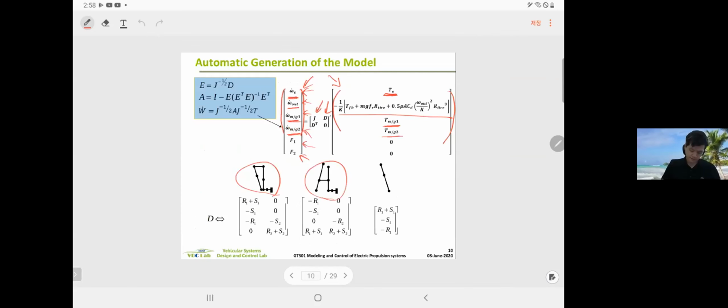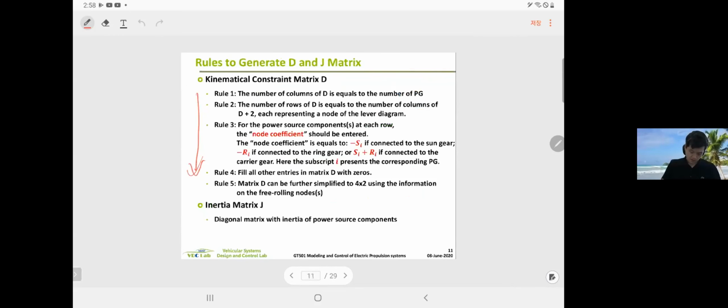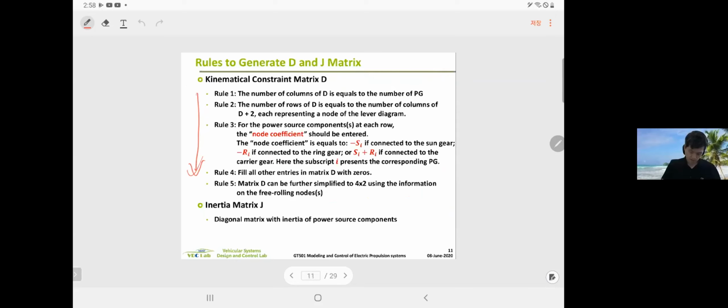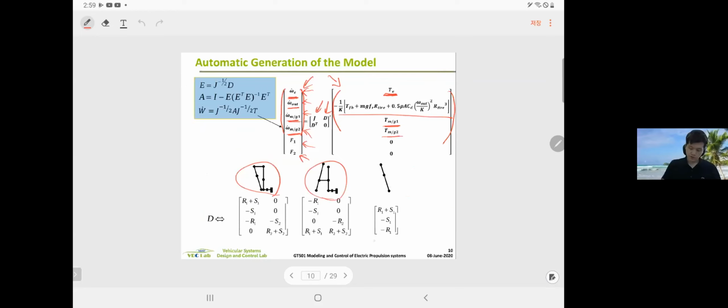If you observe the pattern, let me go through the rule first, okay? So this is how you identify the D matrix. The number of columns of D equals the number of PG, meaning that if you have one PG, then you have one column. If you have two PG, you have two columns, okay?